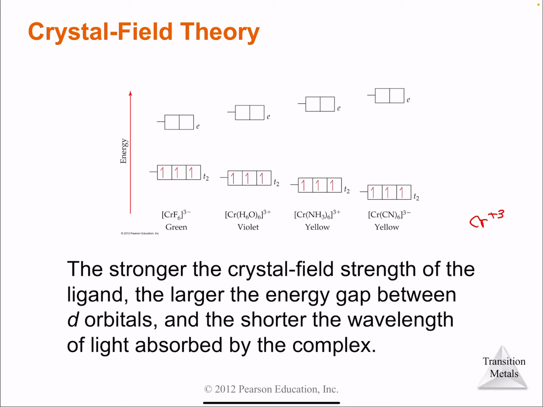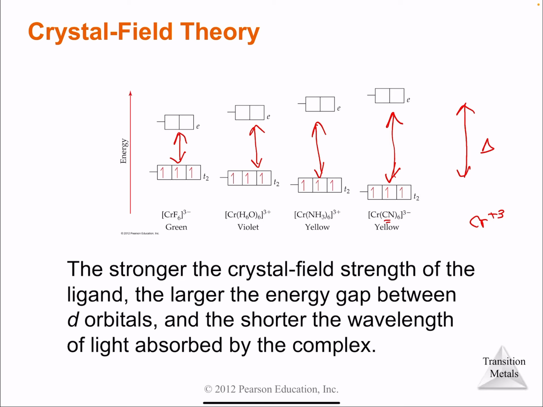The splitting pattern is going to be different. The highest splitting happens with cyanide. This is the splitting energy right here, delta, and it keeps increasing because you keep changing the ligand. So you have the greatest splitting with cyanide. The least splitting is with fluoride.